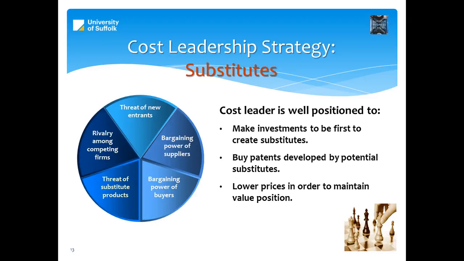There's always the need to constantly research and develop opportunities, but it's one of those things that you need to be doing at a relatively low cost. And obviously making sure that you're buying patents to protect any substitutes you come up with, but all the time making sure that you can offer the lowest prices in order to maintain that value position.